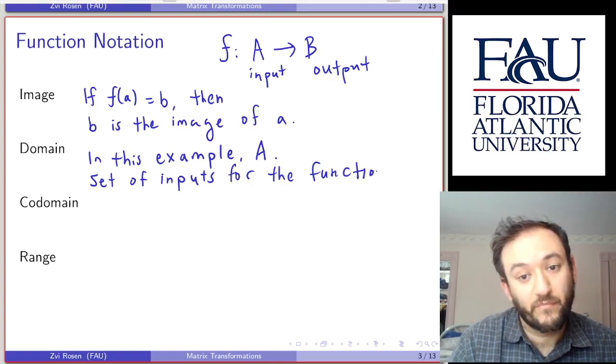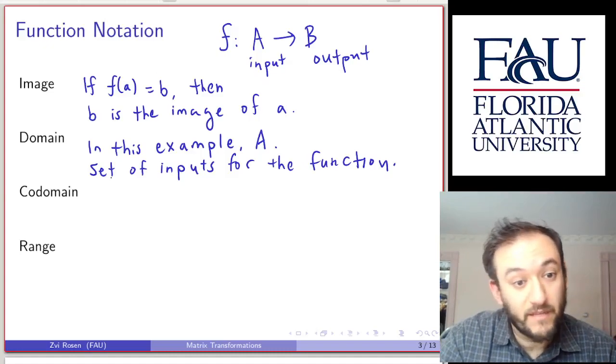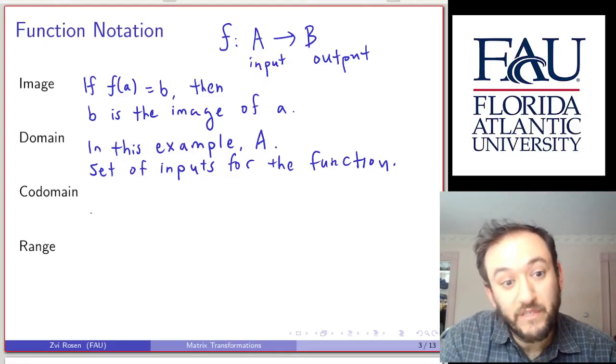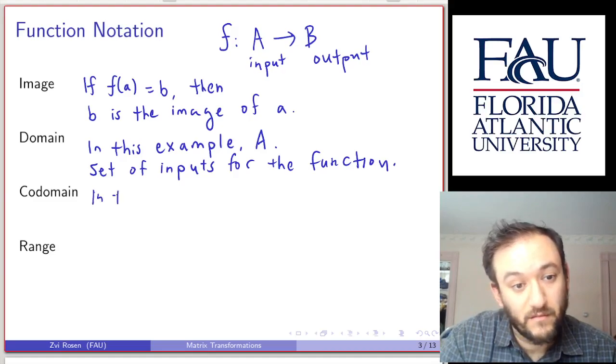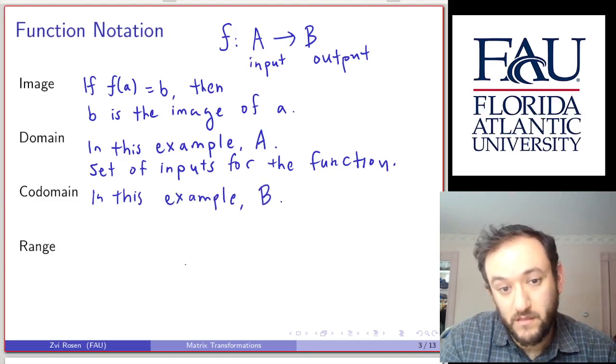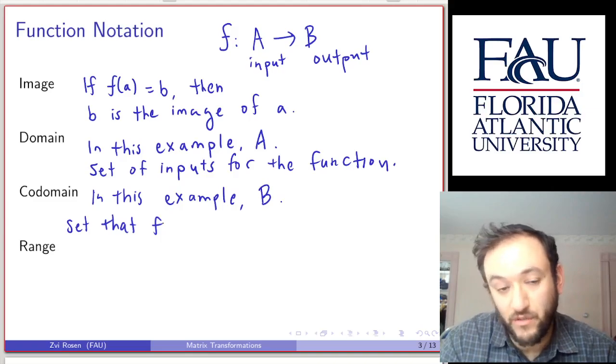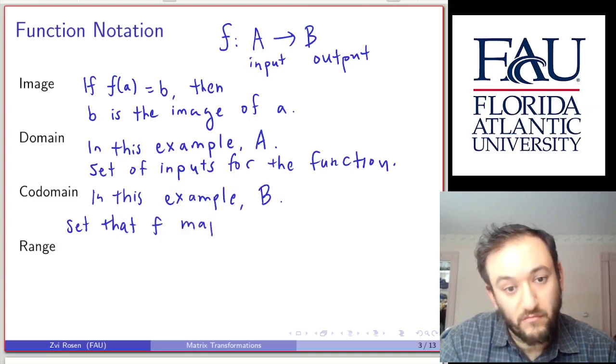The codomain is, in this example, B. B is the codomain. It's the set that f is defined as mapping to.